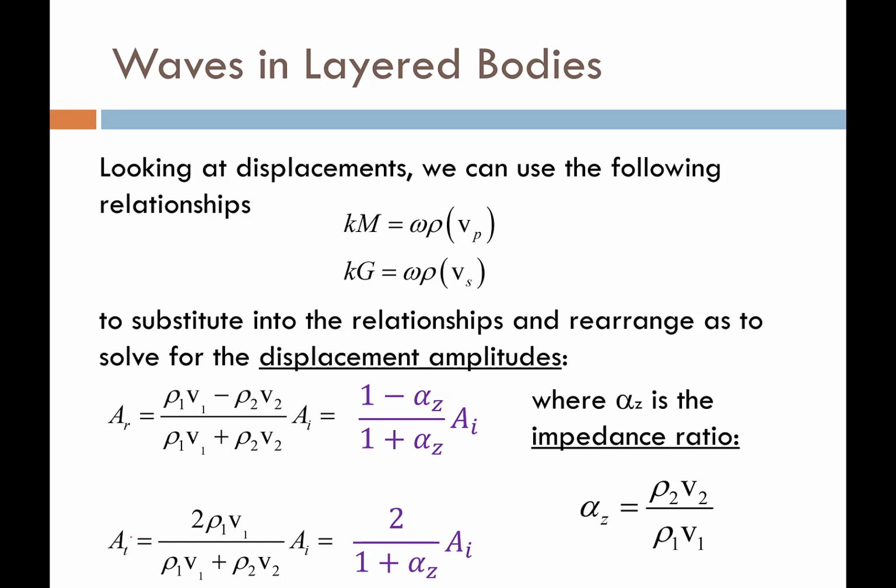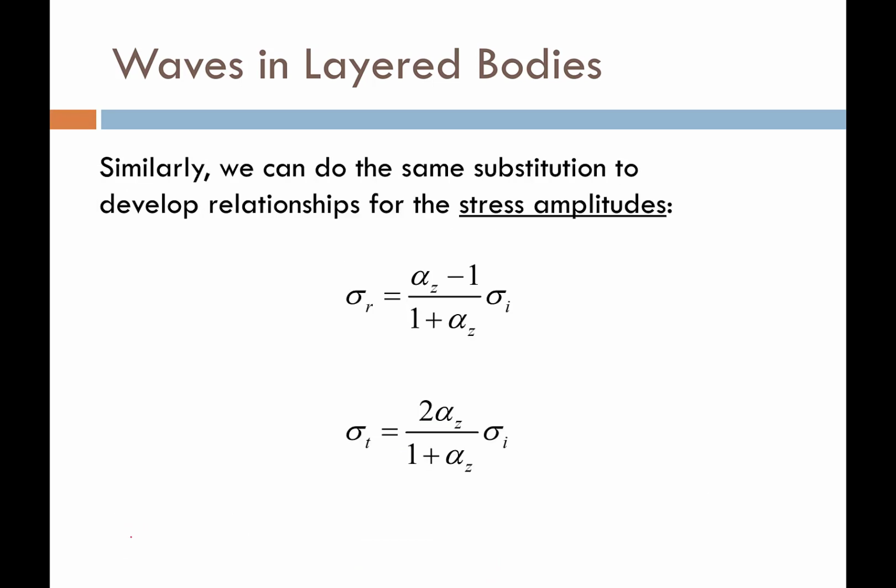Now, again, these are displacement amplitudes. Let's look at stress amplitudes. Same concept, but now we're dealing with stress waves. So if I want the stress amplitude of the reflected wave, it's equal to this factor times my incident stress.